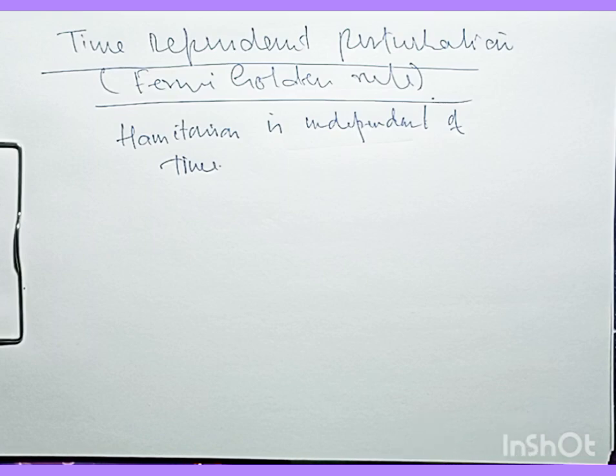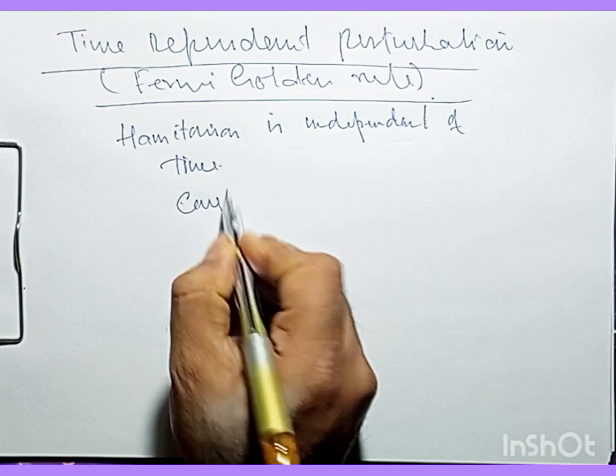And for such a system, the energy states are stationary, and the time enters only in phases, and the probability of finding an eigenvalue in a measurement of energy is constant.